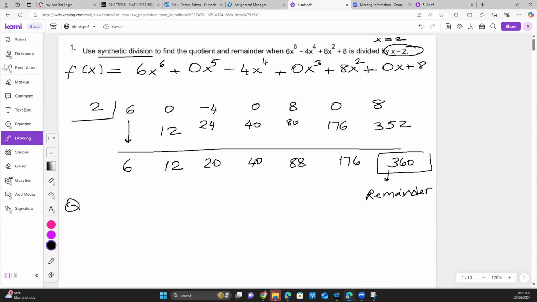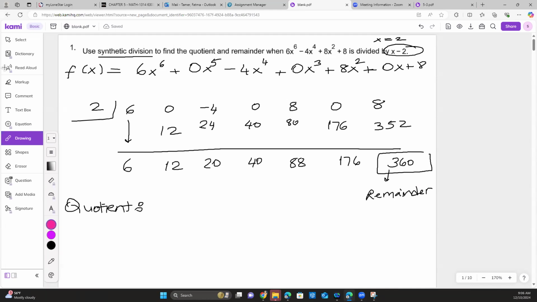And then the quotient, which is the answer after you perform your division, will be generated by using these numbers. Synthetic division says that whenever you divide an x to the sixth by x, your answer has to start 1 degree lower.